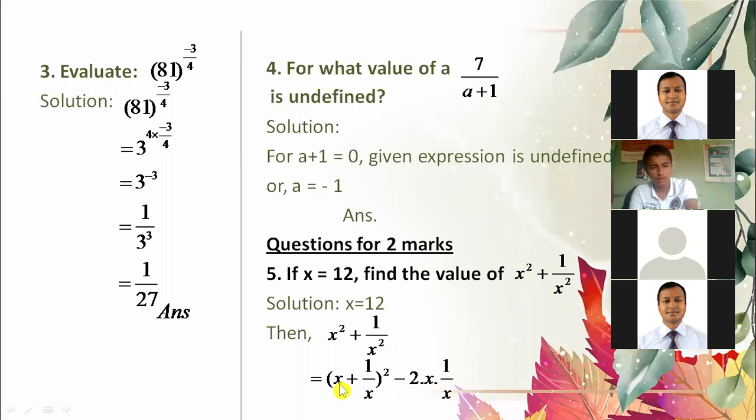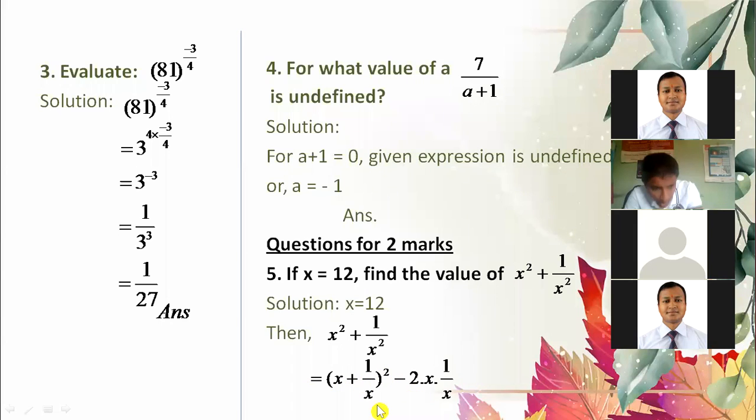Right now, in the step just before, what did we get here? In this step we get (x plus 1 by x) square minus 2 into x into 1 by x. x and x cancel, remaining value (x plus 1 by x) whole square minus 2.